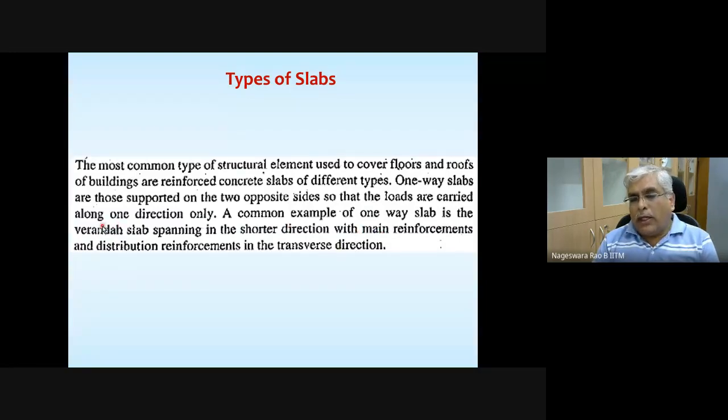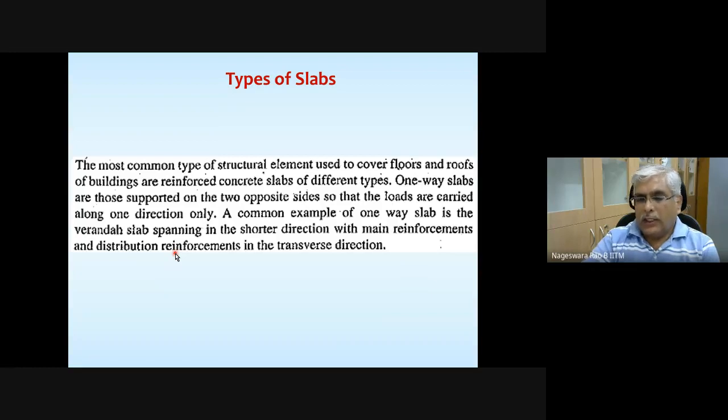The slab is going to bend in the shorter span, so you need to provide reinforcement to take care of it. In the other direction, we provide some nominal reinforcement to take care of temperature effects and other things, and that is what is called distribution reinforcement.